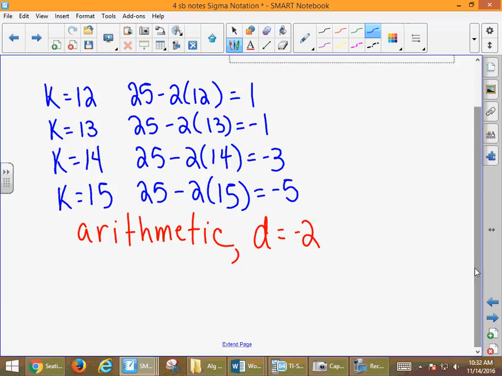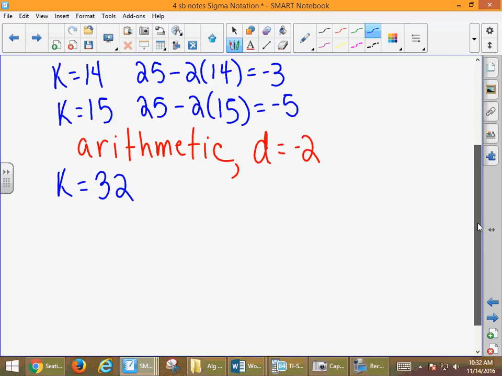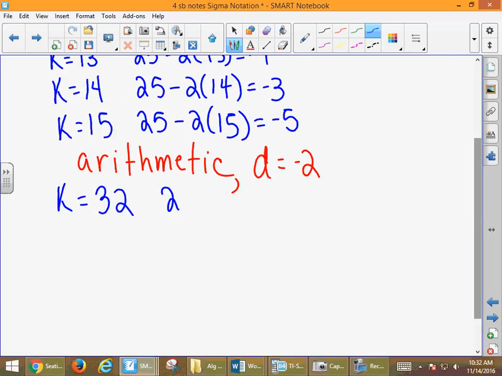We need to figure out, well, what is our value when k equals 32? So we're going to put 32 back into our function, and we end up with 25 minus 2 times 32, which is negative 39.